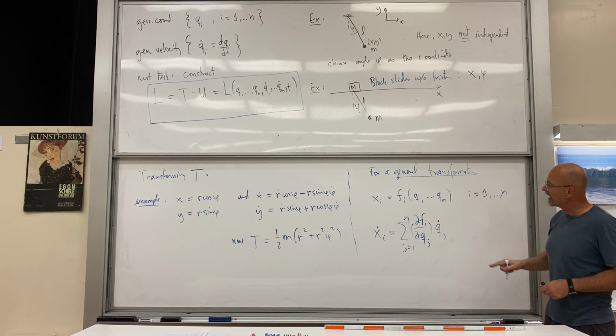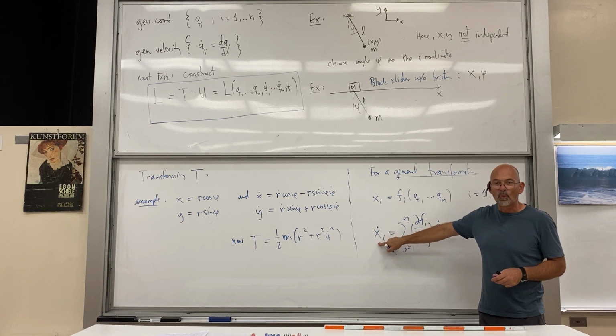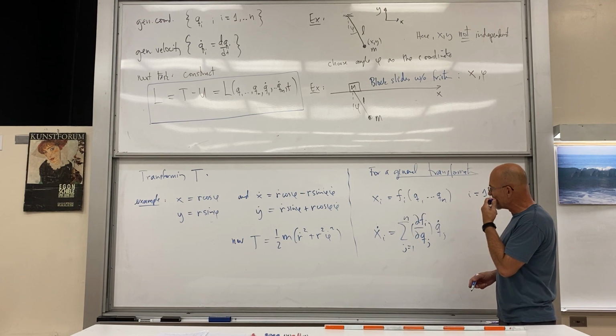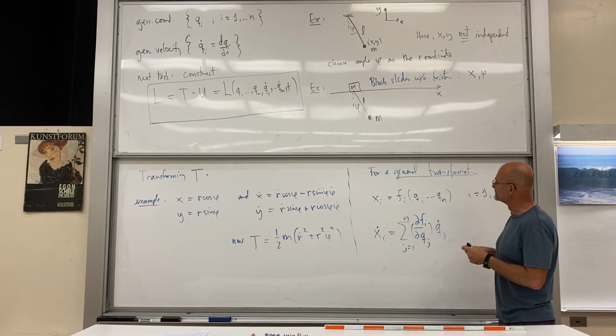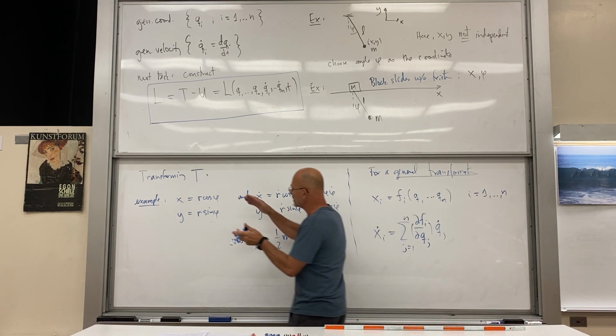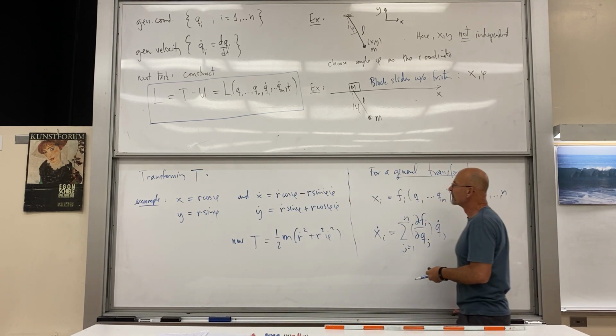And apparently we have to take the sum of these objects squared, and then we'll have our kinetic energy. We'll put the m's in there as well. Basically what we're doing is transforming from Cartesian coordinates to our generalized coordinates.